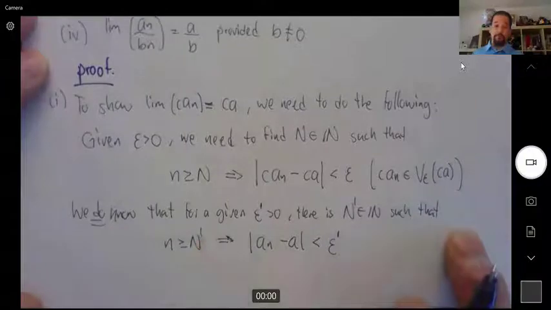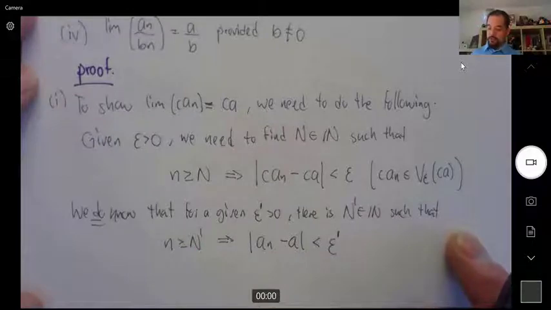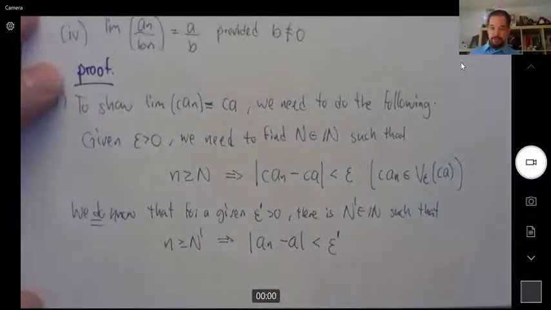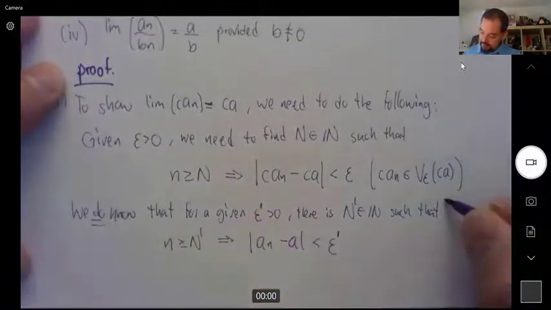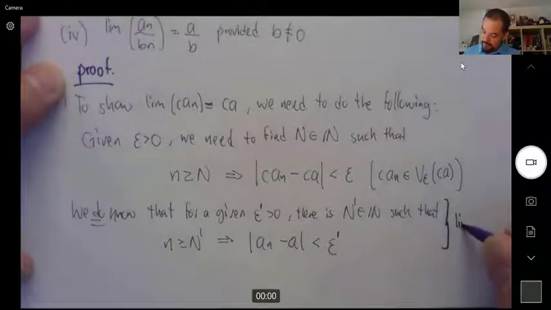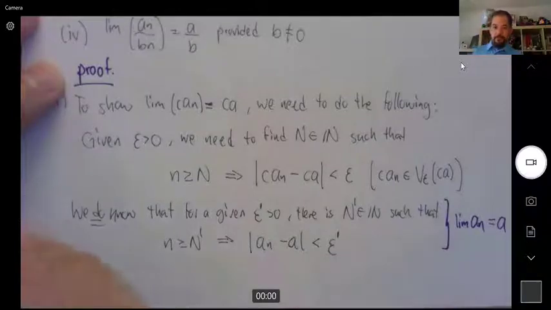So we do know this because this is exactly the definition of the limit of AN being equal to A, okay? So this is precisely the limit of AN equals A. That's the meaning of this, okay?